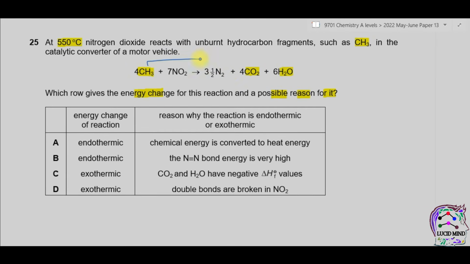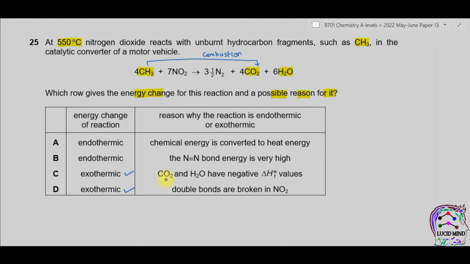This happens when we have combustion, and combustion is usually exothermic in nature. So we can see that the reaction should be exothermic. Now let's look at the reasons why it is exothermic.